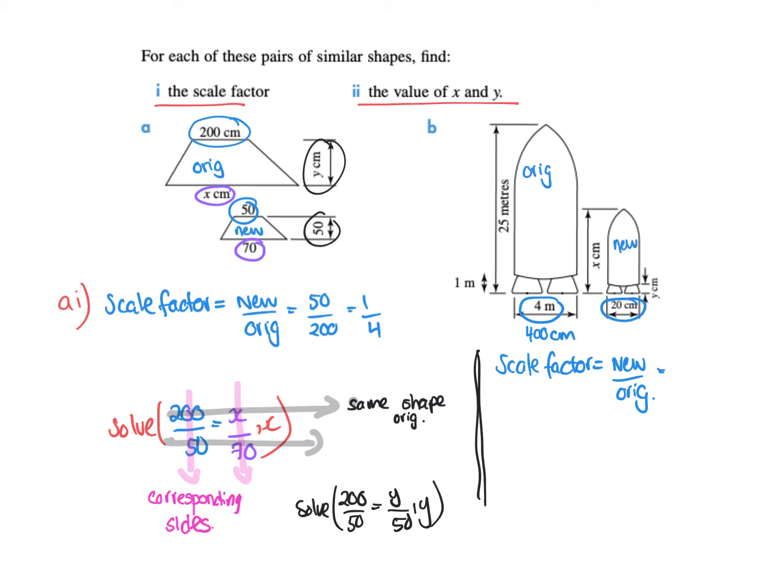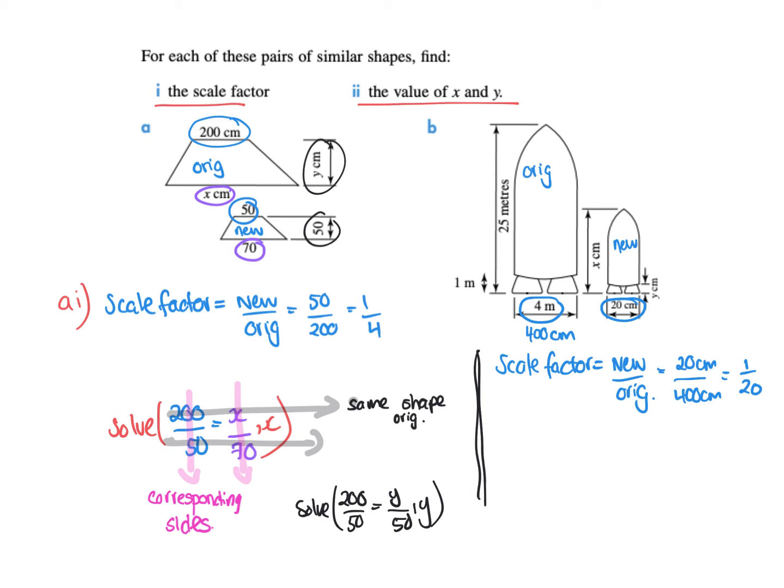So when I say I've got 20 centimeters over 400 centimeters, we get 1 over 20th. So our new model of the rocket is 1/20th of the original rocket.